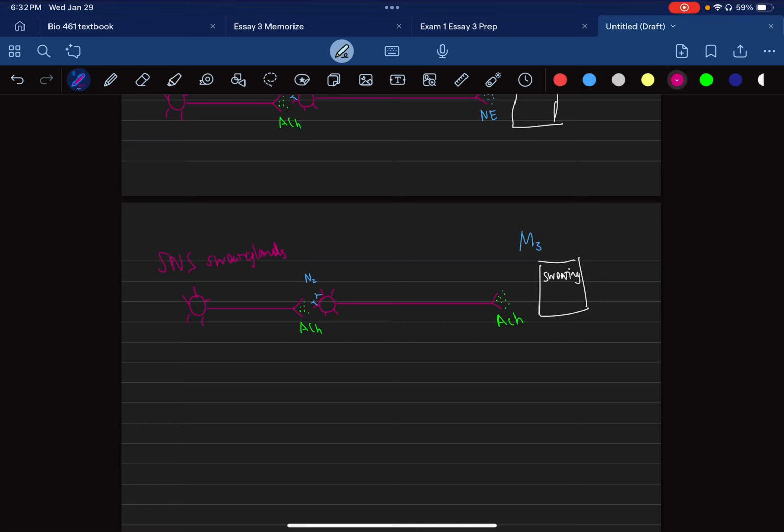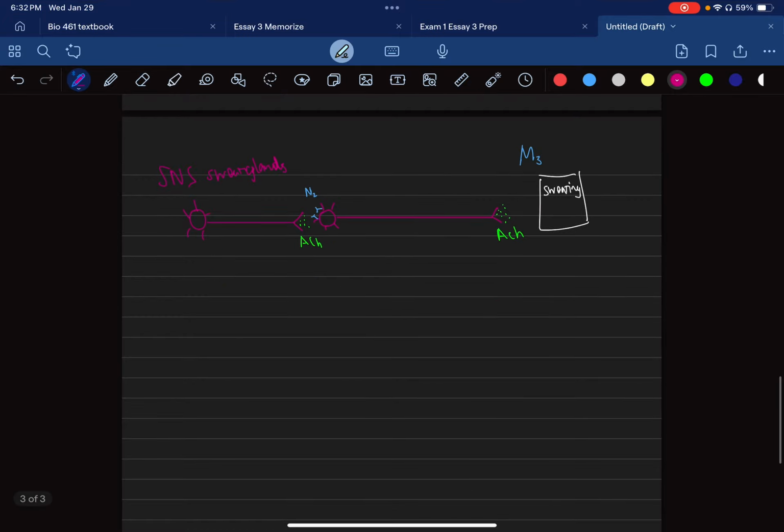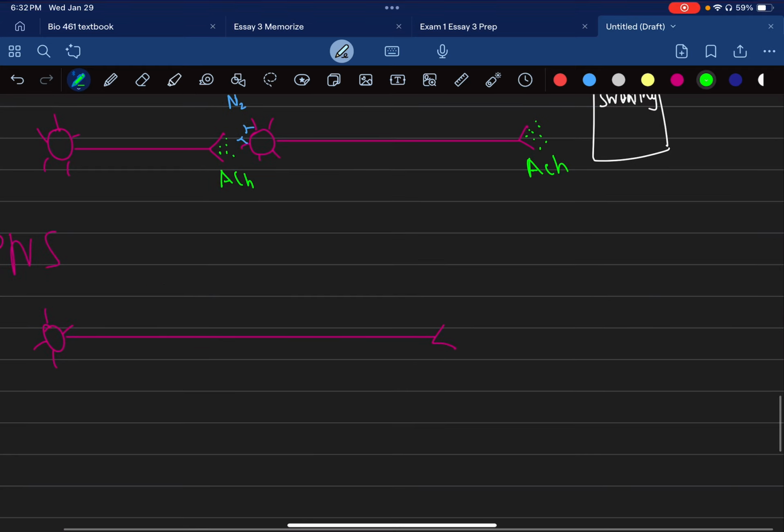If we do one of these for the parasympathetic nervous system, we can draw this out. It's going to be much longer, actually. Synapse. Same thing's going to happen with the presynaptic neuron. There's going to be ACH released.